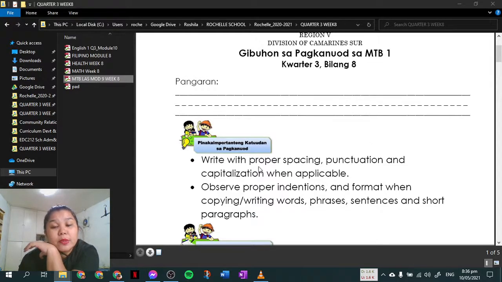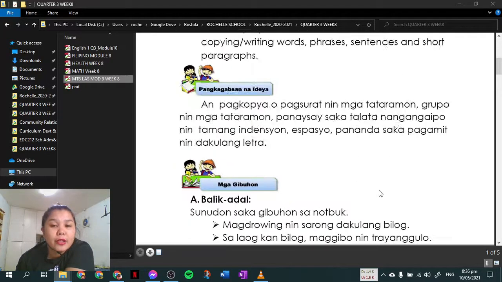Because this is about writing correctly, how to write a paragraph. So, write with proper spacing, punctuation, and capitalization when applicable, and observe proper indentions. I'm going to explain this one. And format when copying or writing words, phrases, sentences, and short paragraphs.